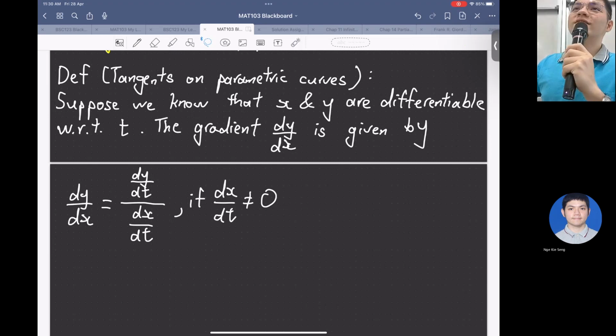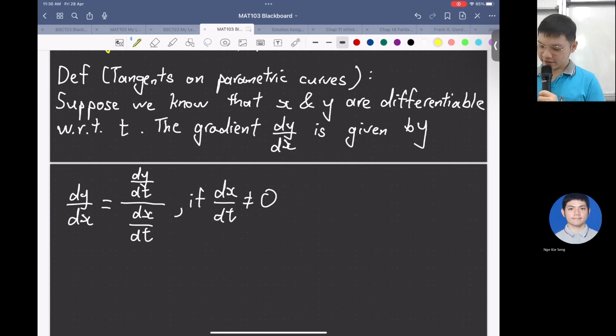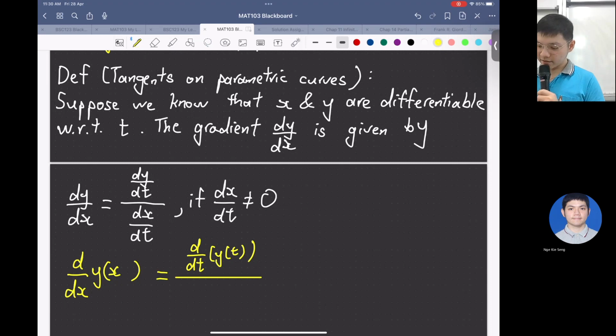When we write dy over dx, we don't really mean dy divided by dx. What I really mean is the following. I differentiate the function y with respect to x, which is equal to differentiating the function y with respect to t, divided by differentiating the function x with respect to t. This is the real fraction.